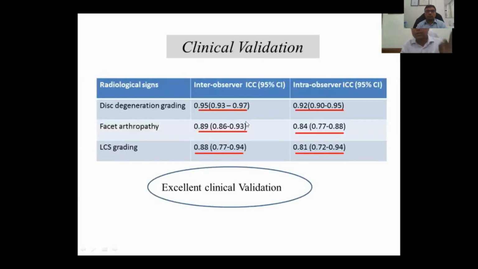This table shows excellent clinical reliability between the two radiologists in scoring these radiological signs.